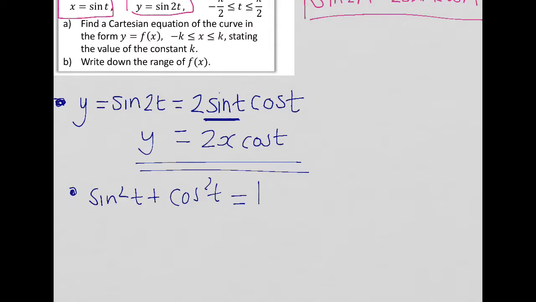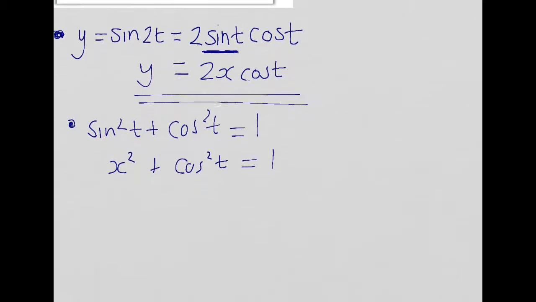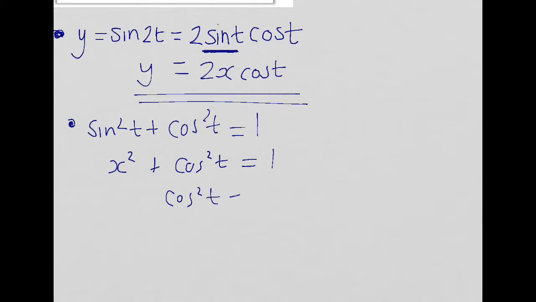Sine squared t would be x squared, plus cos squared t equals 1. So from here, interestingly, I could get that cos t would equal the square root of 1 take x squared. Or I could write that in many other formats with the power of a half, whichever you prefer.